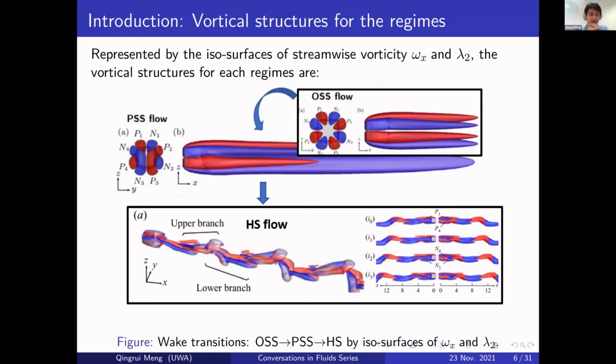For the HS flow, we can observe a regular hairpin vortex train, and it's noted that in each period the upper branch and the lower branch have different shapes. This corresponds to the distribution of the PSS flow: if we run the simulation from a zero initial condition, the HS flow evolves starting from a PSS flow, and the periodicity is delayed and grows relatively slower.